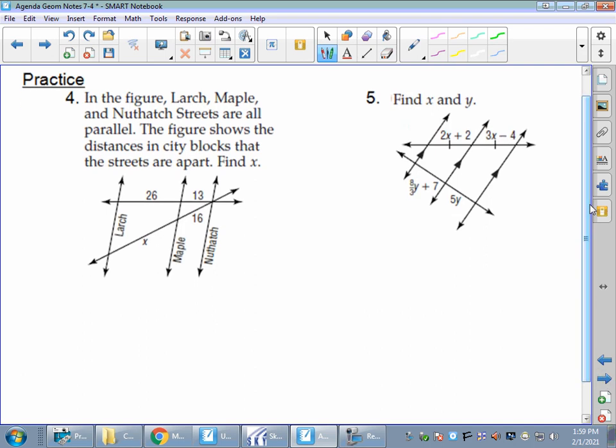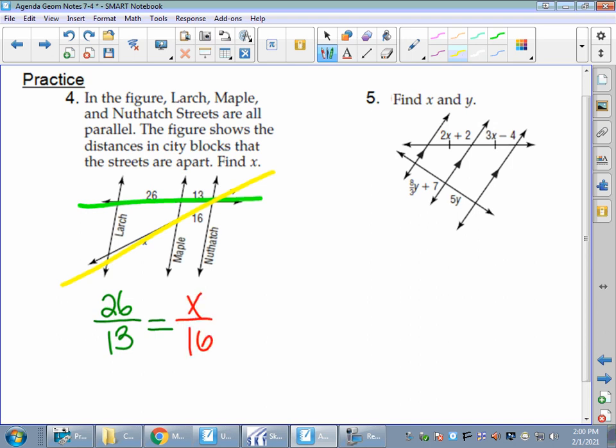So since it's not, I'm going to take my pieces from one of my diagonals, or one of my transversals. I'm going to do 26 over 13 for this one. When I go to my other transversal, what does that look like then when I set it up? Is it going to be 16 over x or x over 16? It's got to be x over 16, right? Because I used this section of my diagram on the numerator. The 13 and the 16 have to go in the denominator.